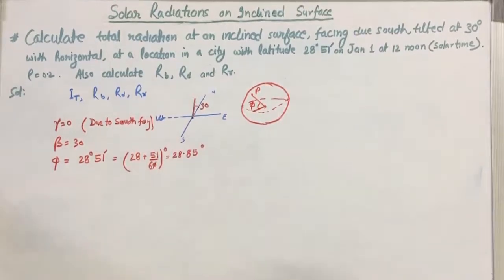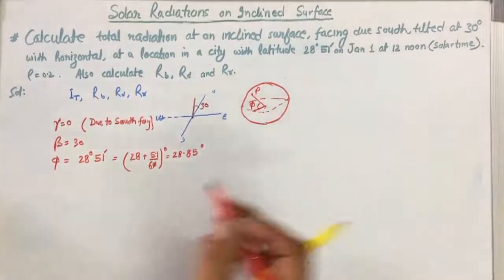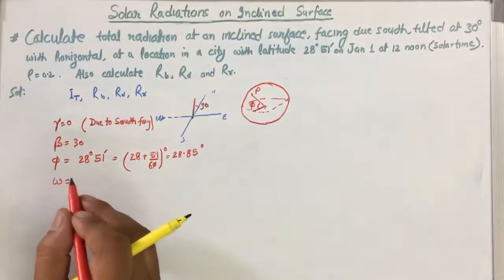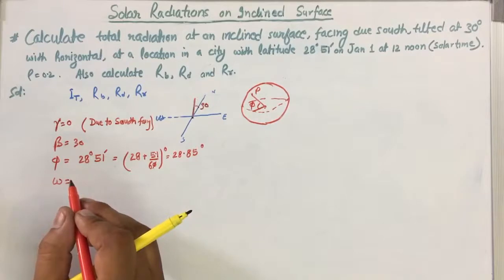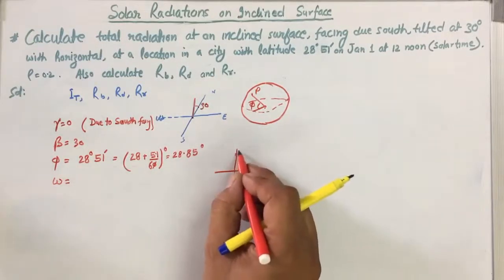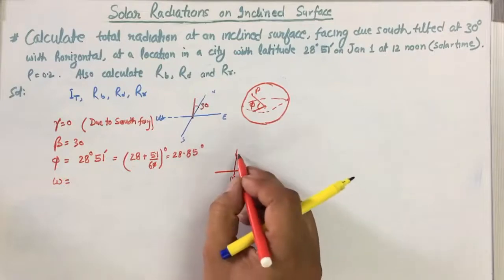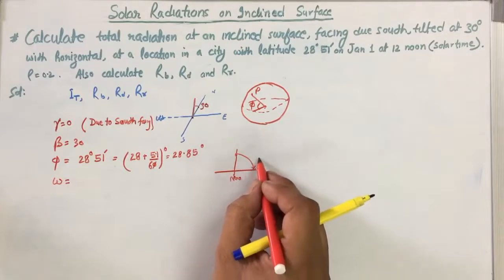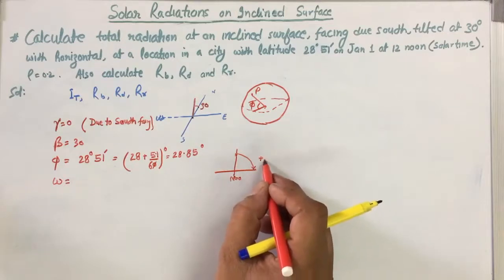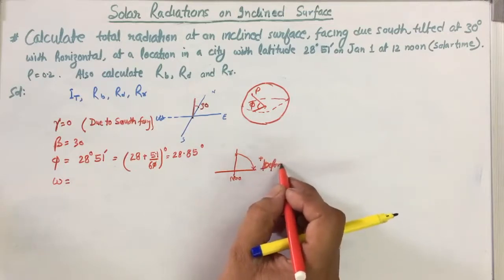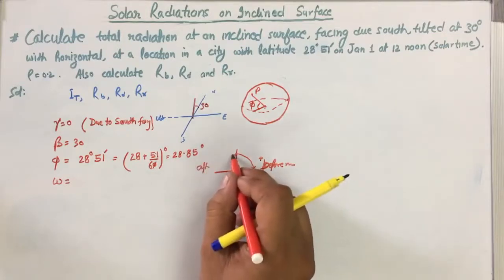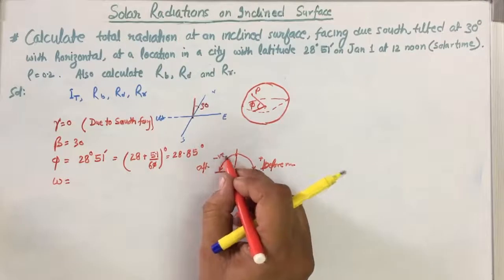Now from the known, we can find the hour angle, that will be equal to our angle at the noon, it is 0. It is positive forenoon, before noon, and afternoon, it is considered as negative.